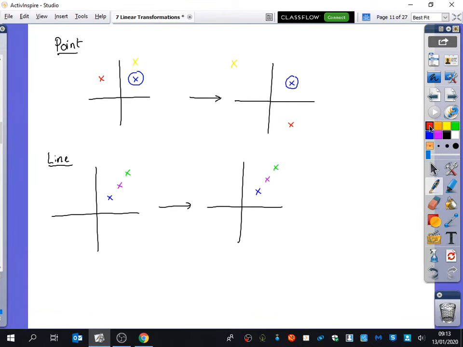In fact, any point that is along this line will be mapped to the exact same point on there. So this particular type of invariant line is a line made up of invariant points.